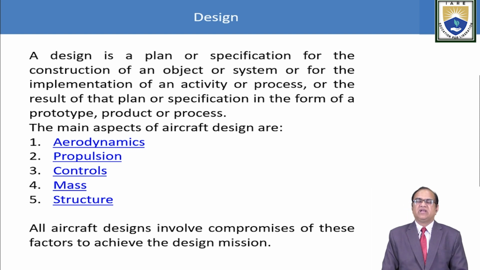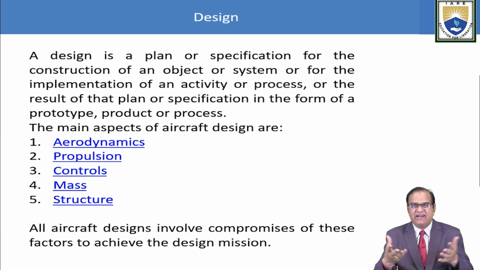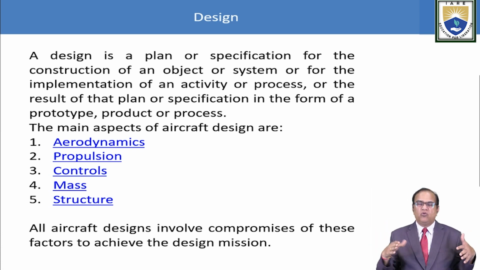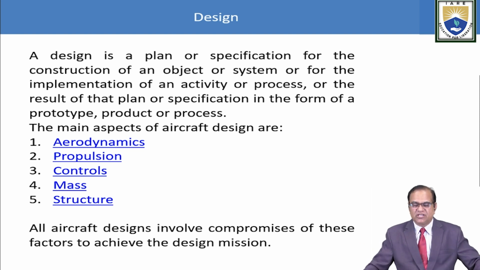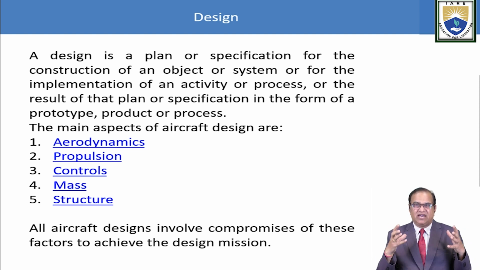Controls means the aircraft should go in the desired direction. Wherever the pilot wants, as per that, it can move from one place to another. Also the mass, the weight of the aircraft, is very important. How much should the weight be? And the structural rigidity, the strength of the structure, is very, very important.